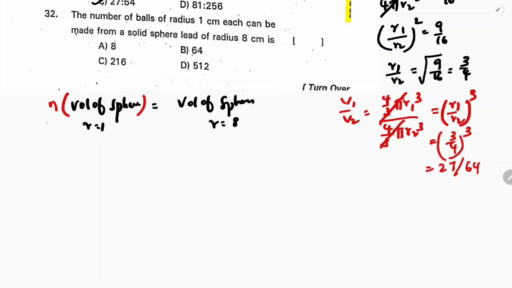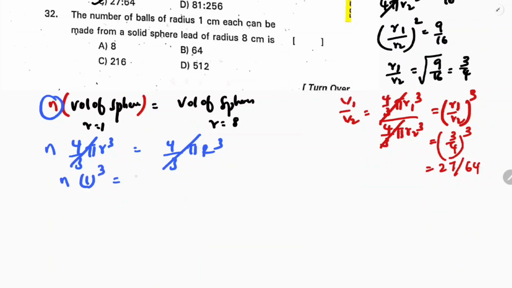Whenever they are asking for a number of, you can write just n. So n into (4/3)πr³, and here (4/3)πR³, capital R to show the difference. 4/3 π cancels. N into 1 cube, and here it is 8 cube. 1 cube is 1, 8 cube is 512. So the number of balls of radius 1 centimeter will be 512. So the correct option is D.